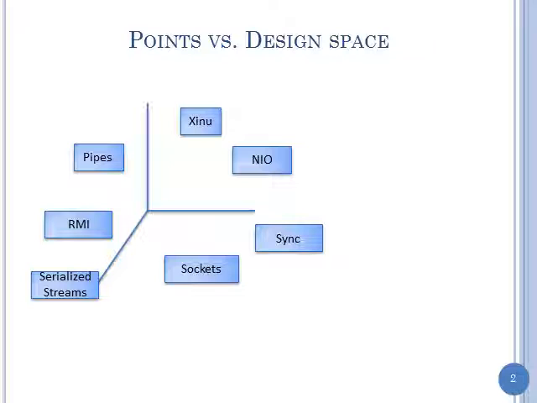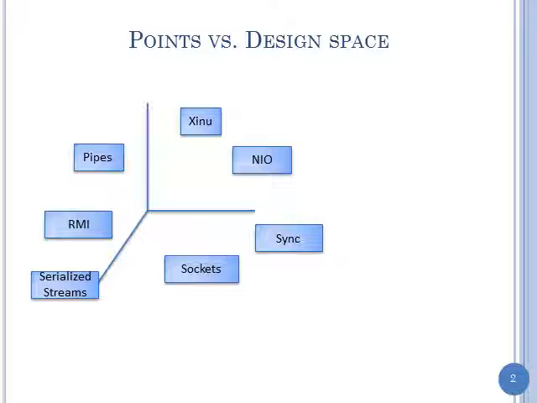And what would these dimensions correspond to in systems? In mathematics, we have the X, Y, Z plane. We talked about RMI versus NIO, and programmability versus the abstraction. So there are these issues and these trade-offs.